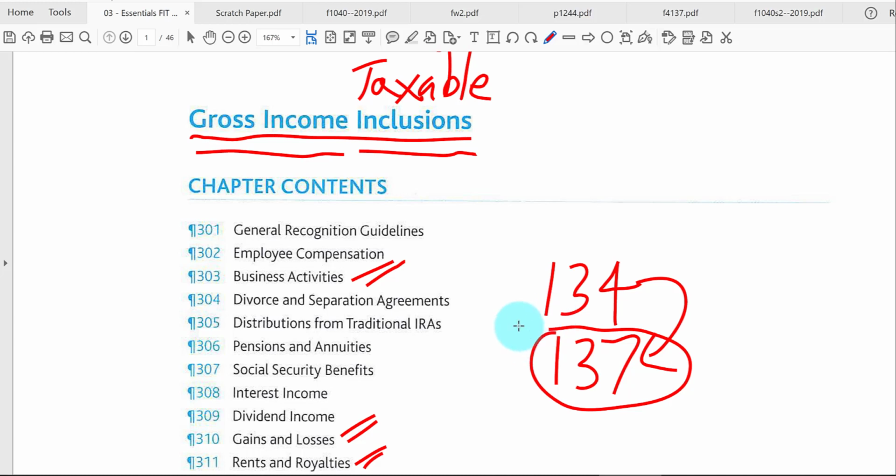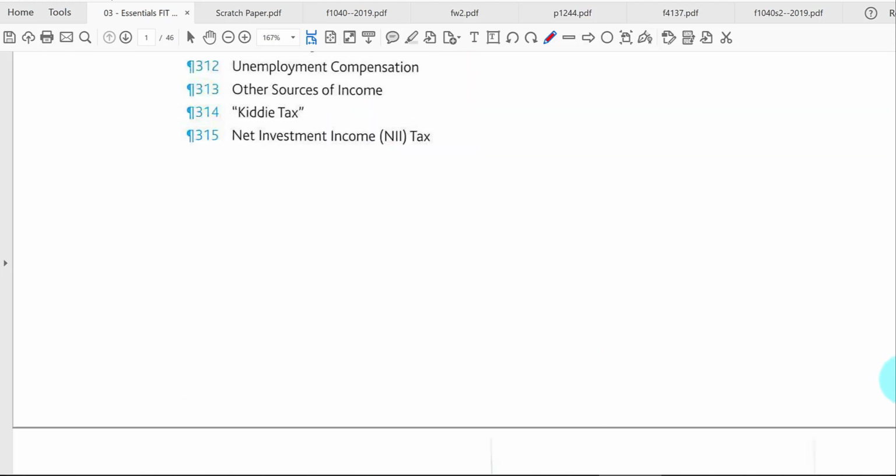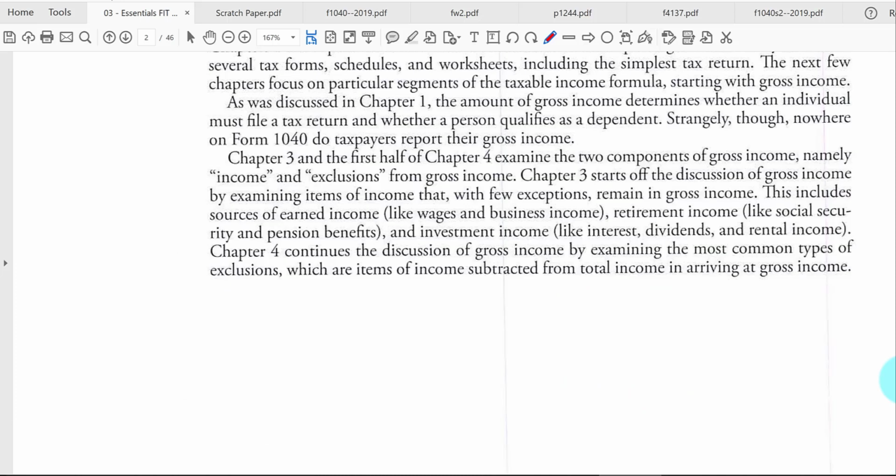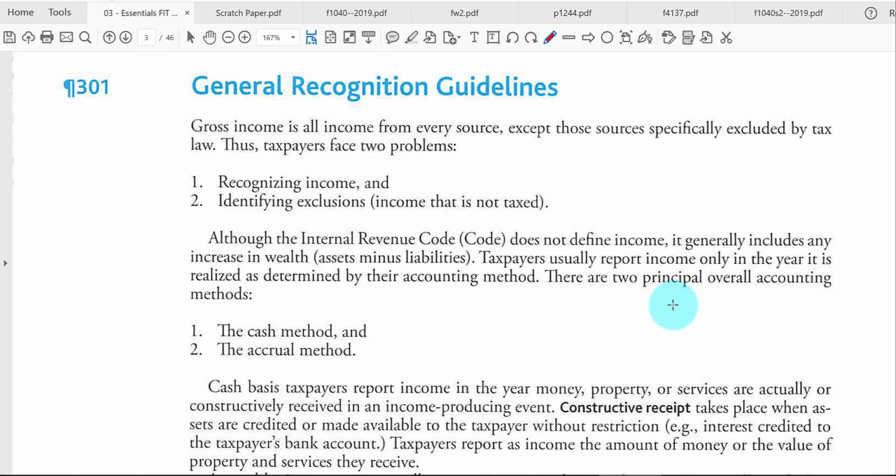Let's take a look at some general concepts or guidelines regarding reporting of income. So here's the general rule. It says that taxable or gross income is everything, all the income from any source that the taxpayer gets during the year, except if the tax law, here's that opposite word, excludes that income.